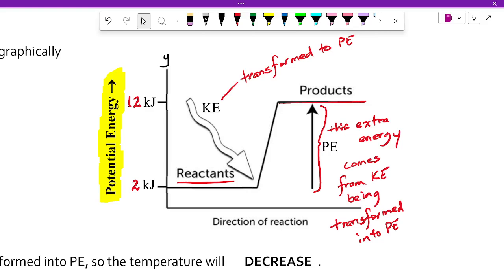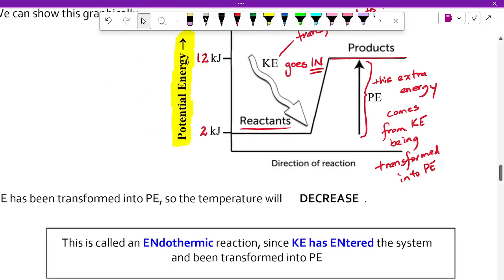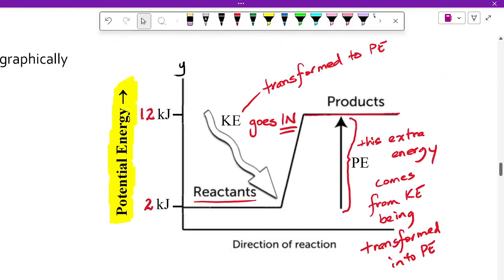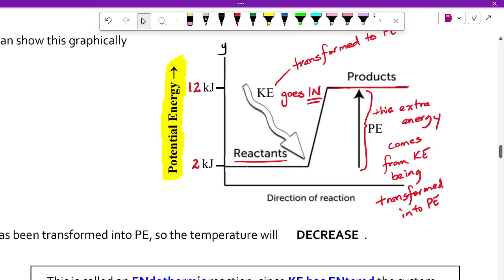That's just so you can help visualize that the kinetic energy is going in. Now, if kinetic energy is going in, we call that an endothermic reaction, okay?